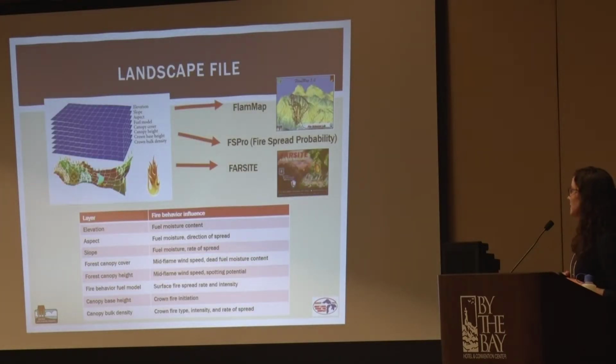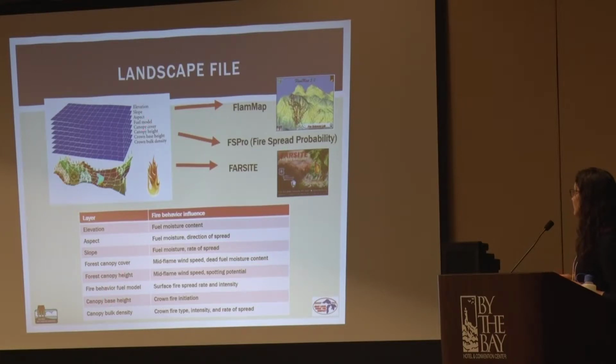Just to explain again why we're looking at the fuel model data set in terms of fire management: it's one of 8 layers, which can all come from LANDFIRE, that go into a landscape file. A landscape file is necessary for several fire behavior modeling programs such as FlamMap, FARSITE, and FSPro.